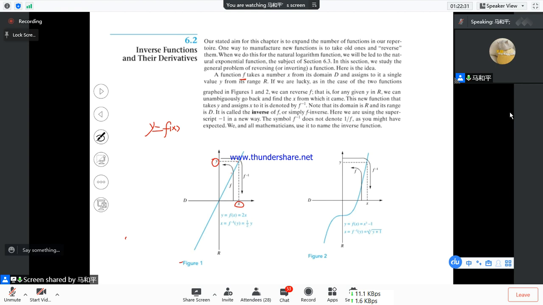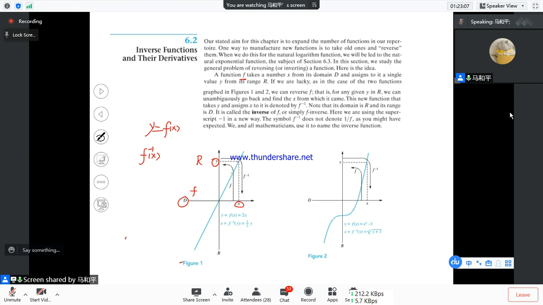This new function that takes y and assigns x to it is denoted by f inverse. For f we input x, output y. But for the new function f inverse, we input y, output x.